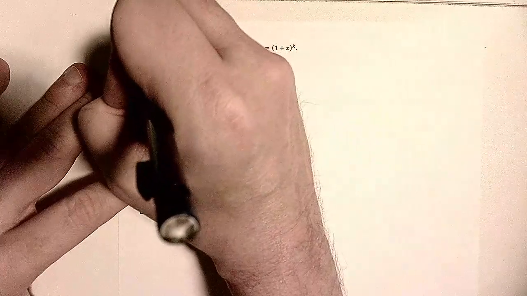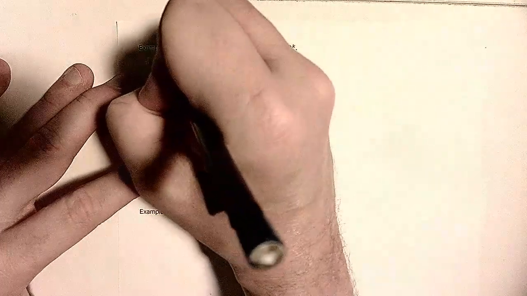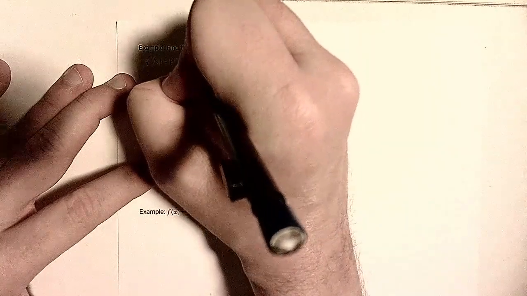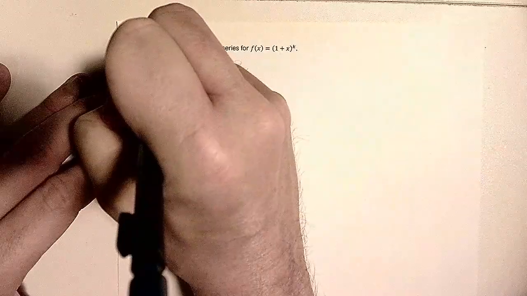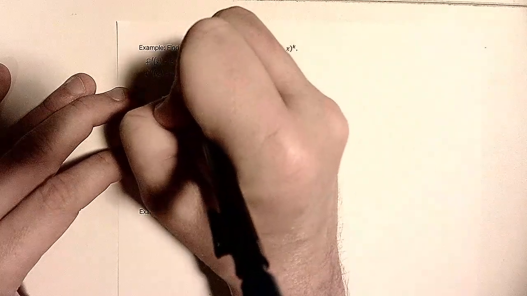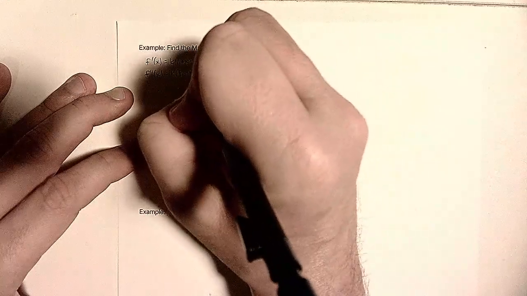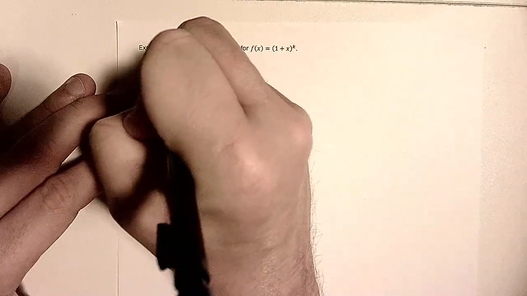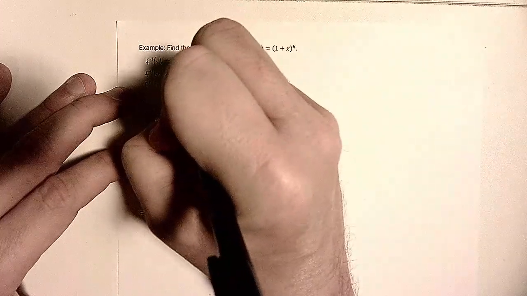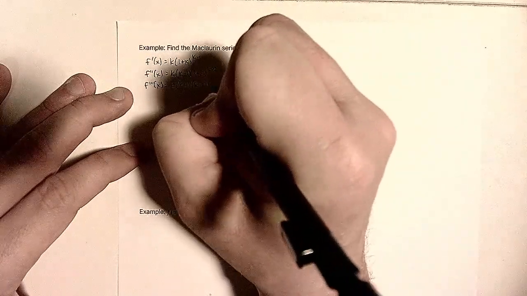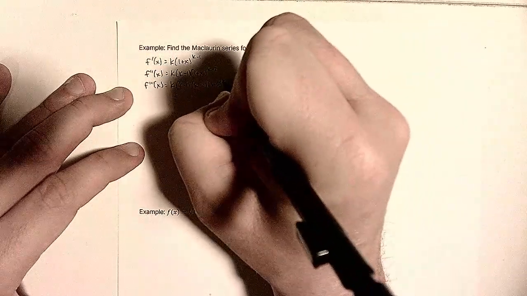If I were to work through this, f prime of x is going to be k, remember by the power rule, times (1 plus x) to the k minus 1. f double prime of x is k times k minus 1, because that comes down, times (1 plus x) to the k minus 2. And I can keep doing this: k times k minus 1 times k minus 2, (1 plus x) to the k minus 3.